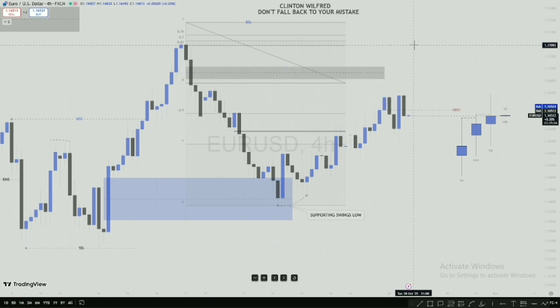Why? Because this is at an extreme premium range. This is above the 0.5 level, not at the midpoint. Even if it's at the midpoint, it's fine. You can see we had this FVG below discount.